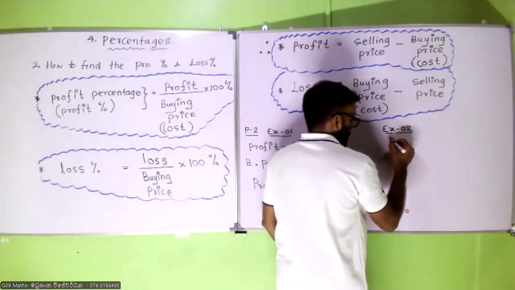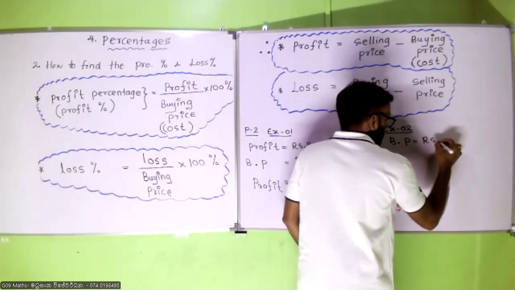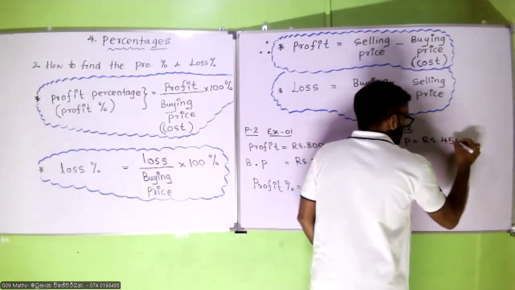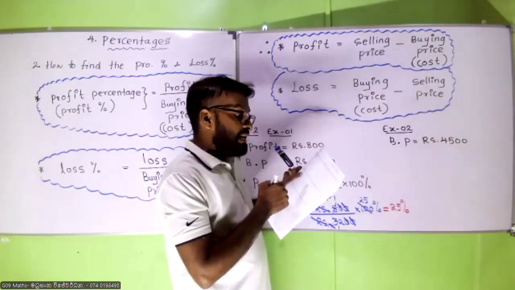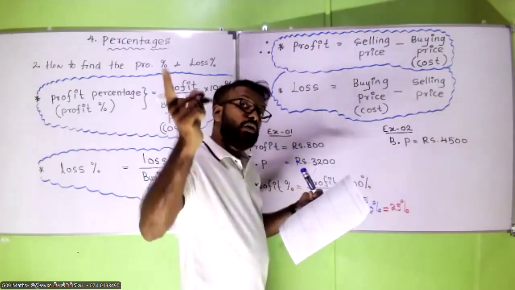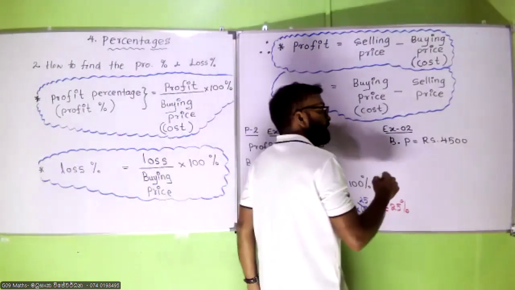Buying price equals 4,500 rupees, and sells it for 5,500. Buying price is okay. Now the selling price has also been given.